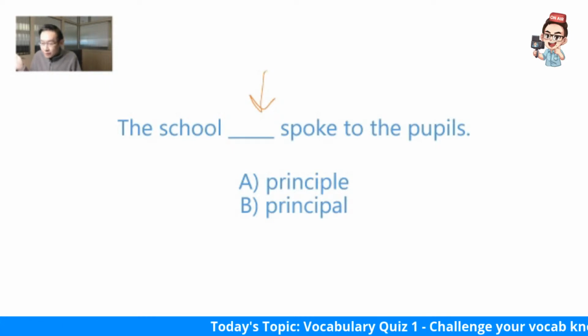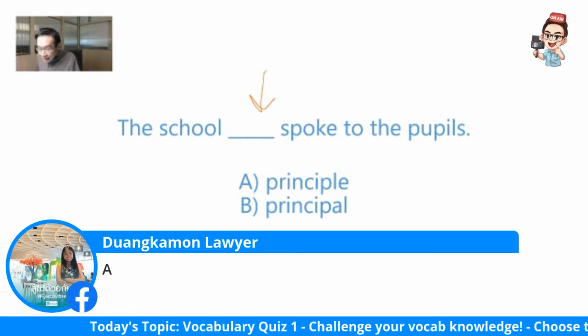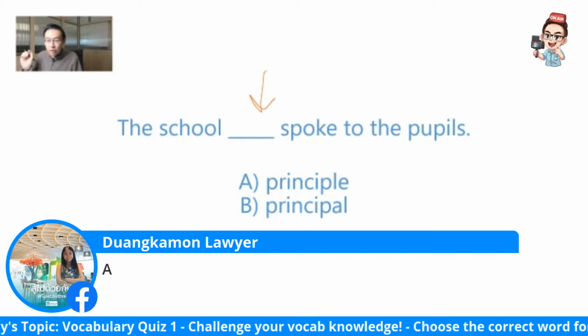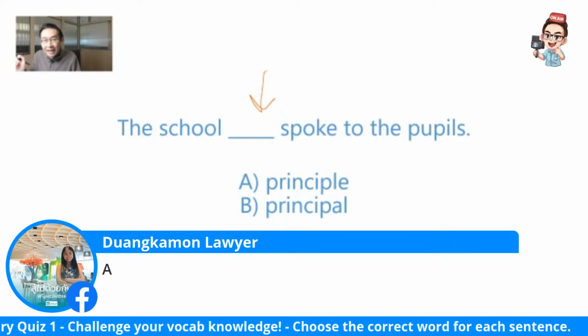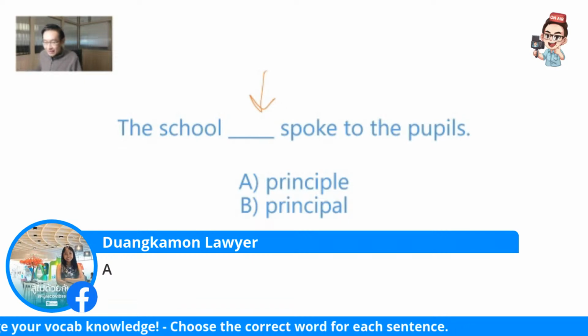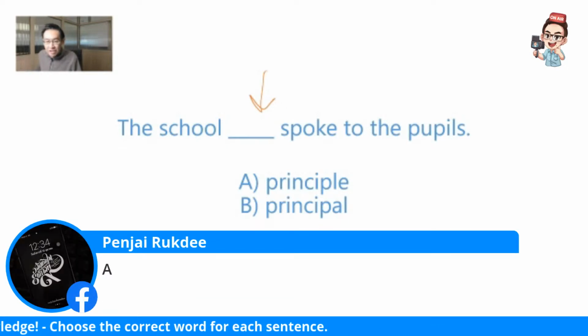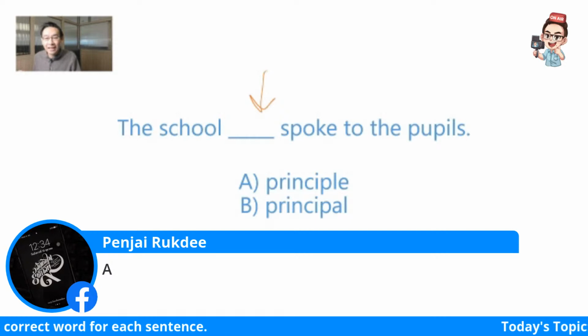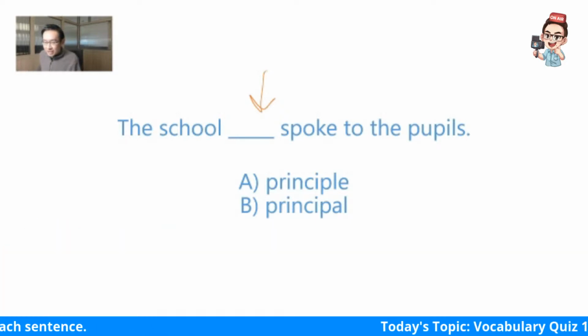Okay, so from Kun Dongkamon Lawyer, you said A. All right. And what else? Penchai Rakti also said A. That's great. Now, thank you for all your answers.